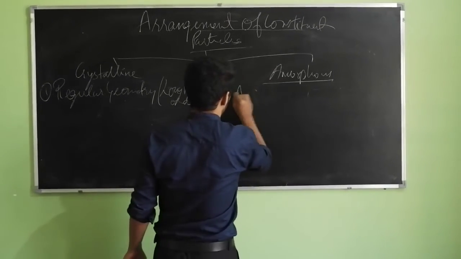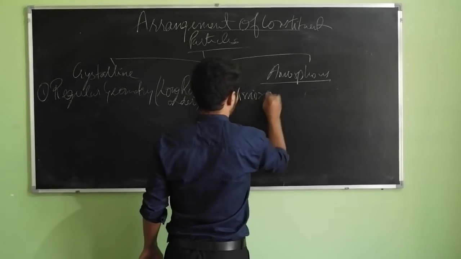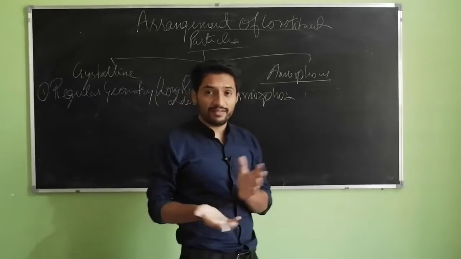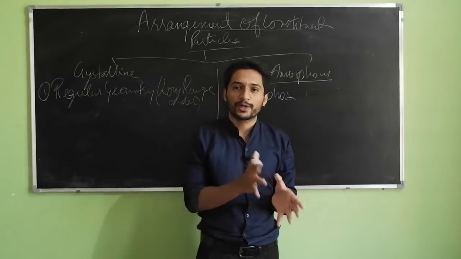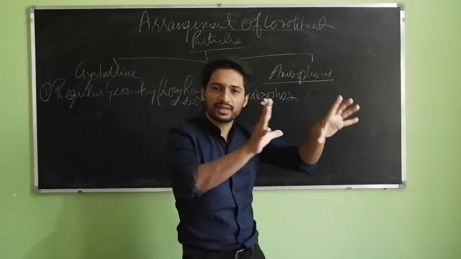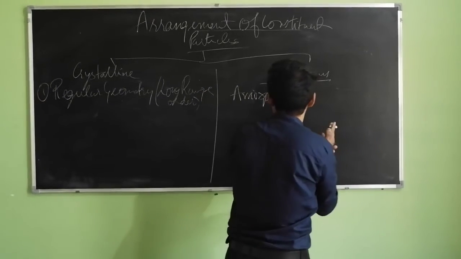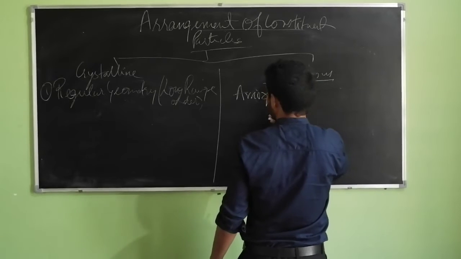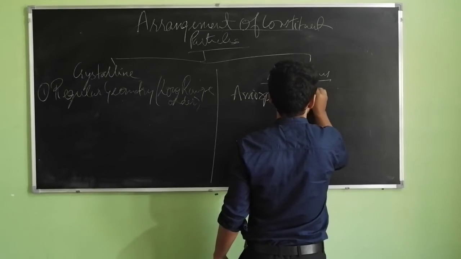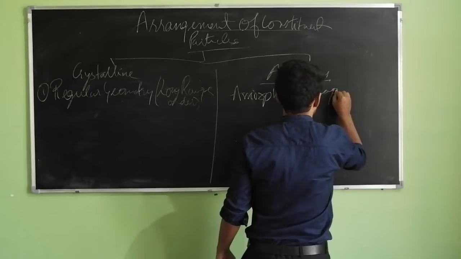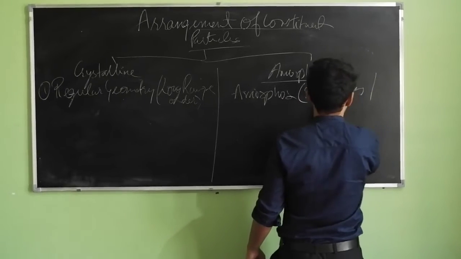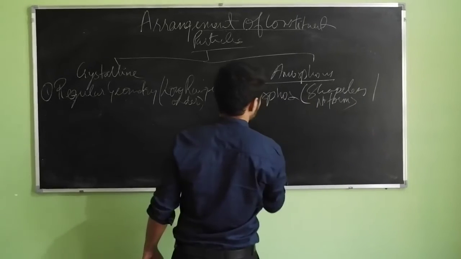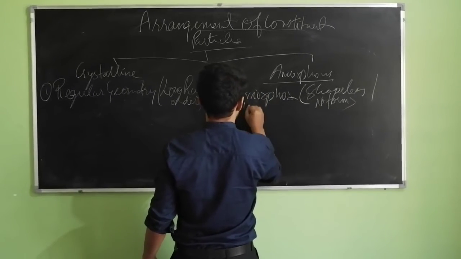Most of the words we have in English are derived from Greek or Latin, because these were ancient languages through which English came. So amorphous means shapeless or no form, and this is short range.